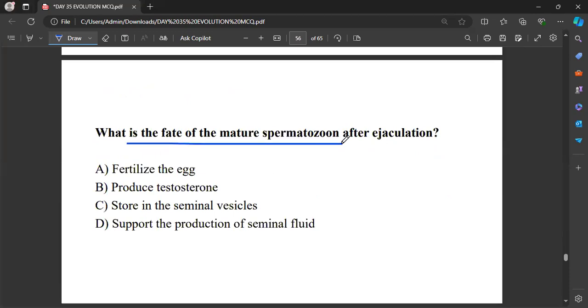Now, what is the fate of mature sperm after ejaculation? Ejaculation is nothing but a release of sperm into the female reproductive tract. And once it reaches the female body, what is the fate of mature sperm?